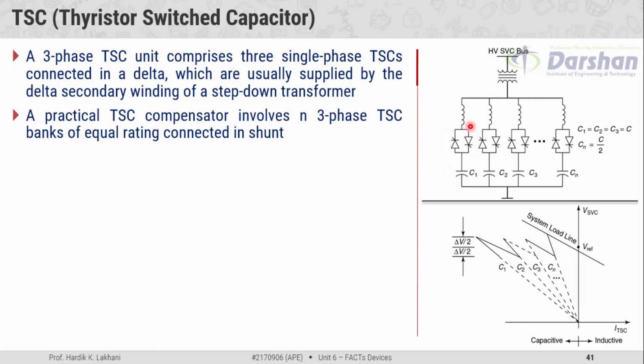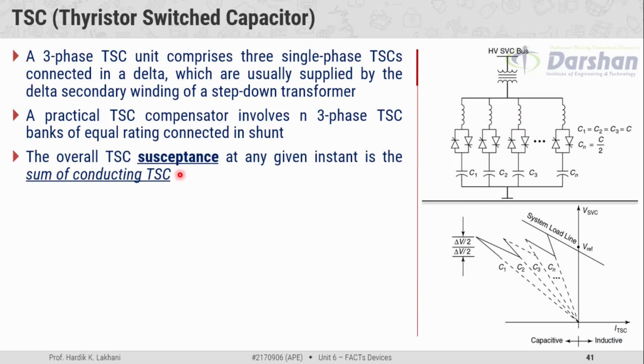A practical TSC compensator involves n number of three-phase TSC banks of equal ratings connected in shunt manner. The overall TSC susceptance at any given instant is the sum of the conducting TSC branches.